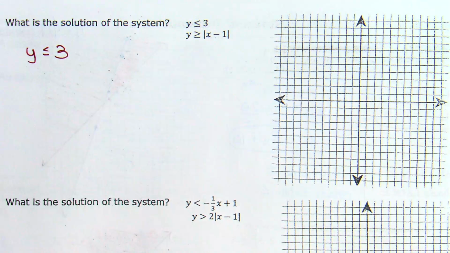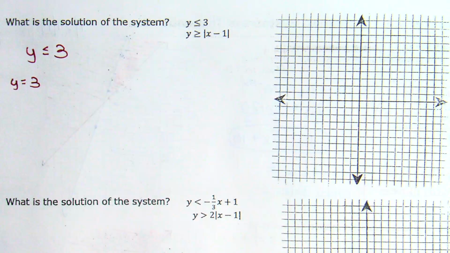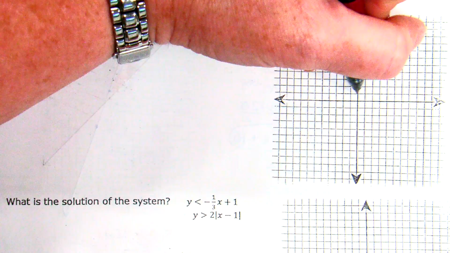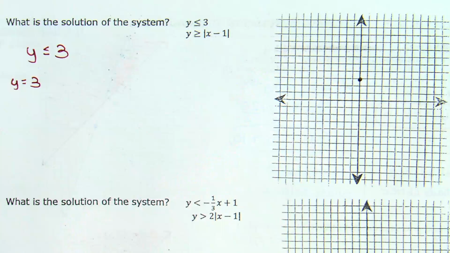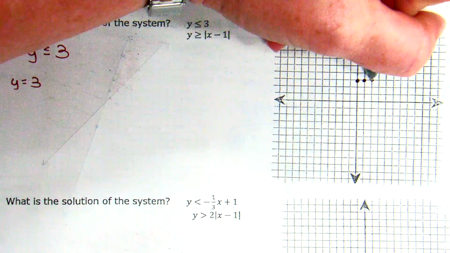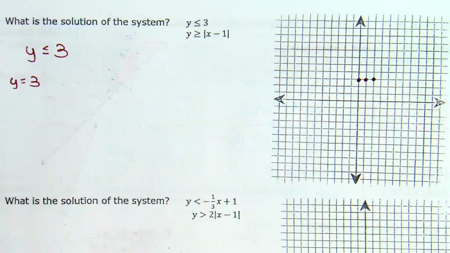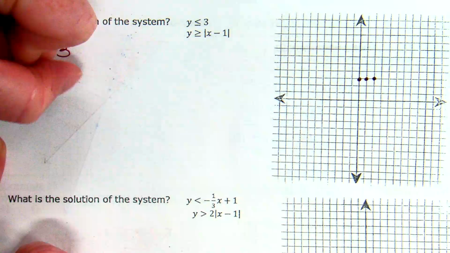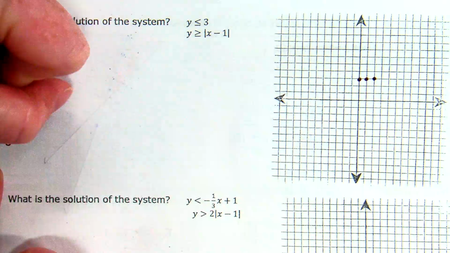This is the line y equals 3 that we're graphing, which means it's going to cross the y-axis at 3. So there'd be points at 0, 3, 1, 3, 2, 3, if you want dots. That is a horizontal line through y equals 3 if you need some information there.